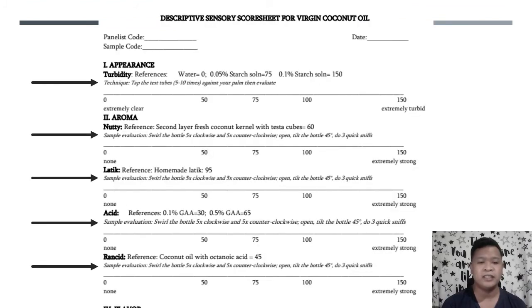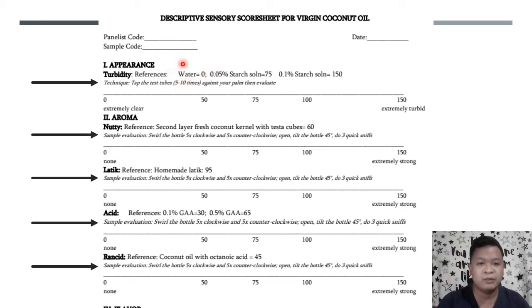So here's an example of instructions for panelists in a descriptive sensory evaluation. Take note that the score sheets contain the reference samples, and they even give you the actual technique that you are supposed to uniformly do together to evaluate the sample. So in this case, they're supposed to taste the references and calibrate themselves.